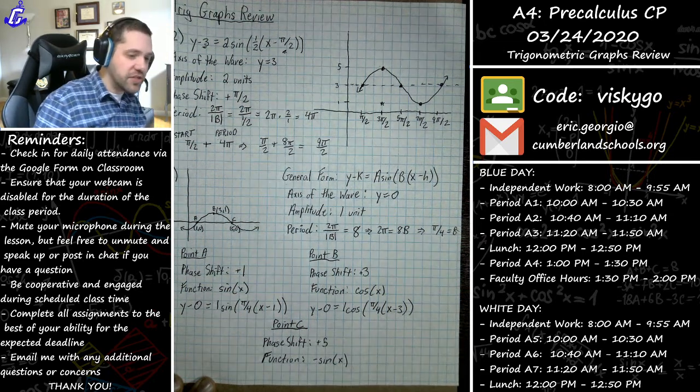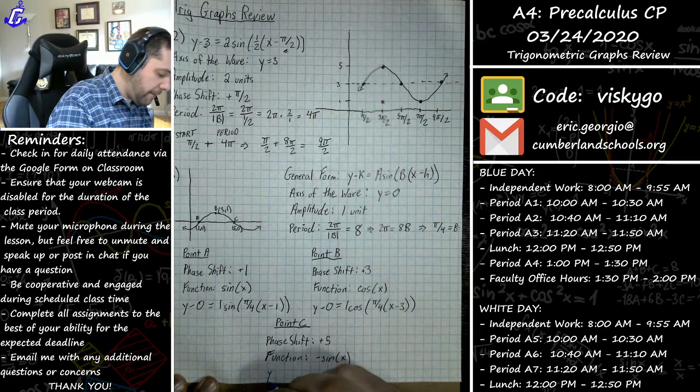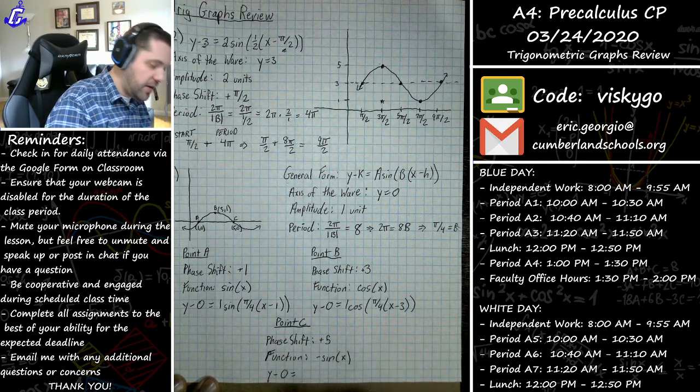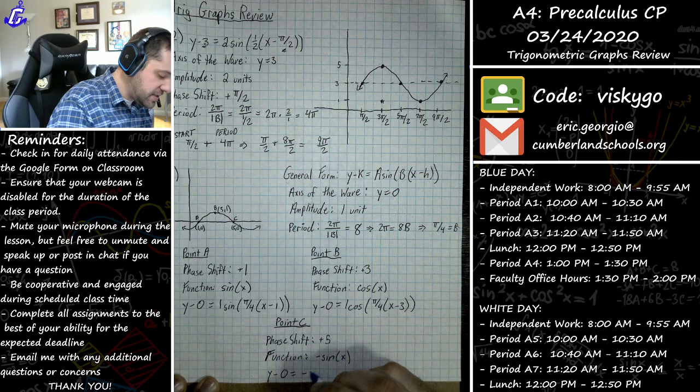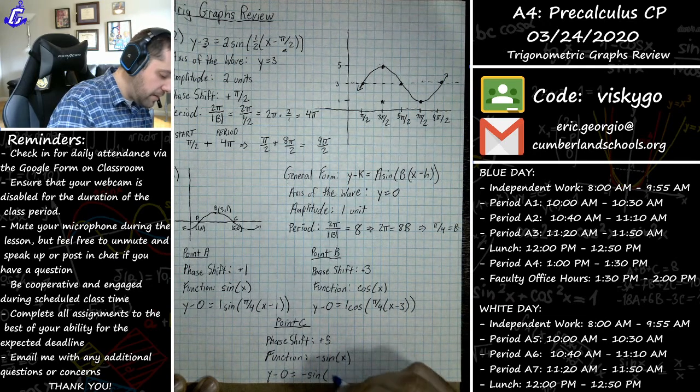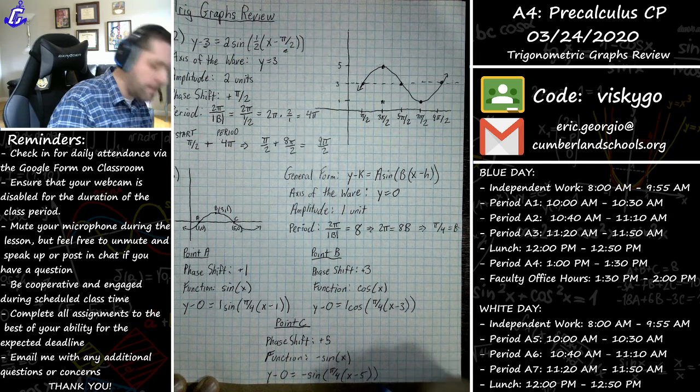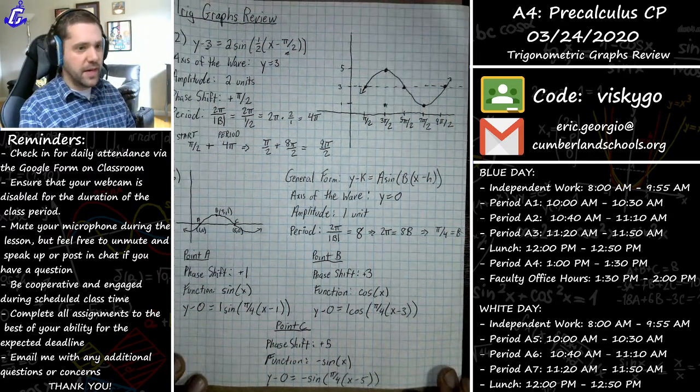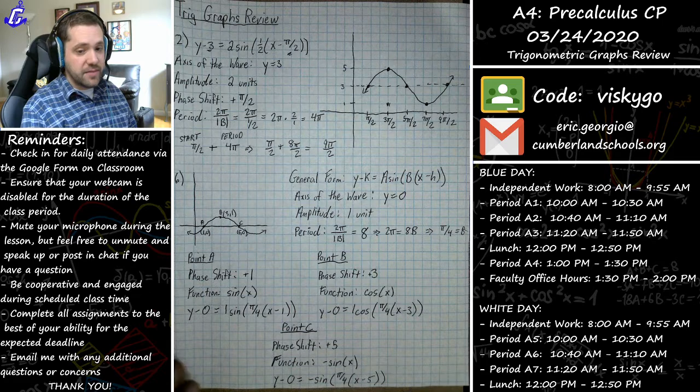And your actual equation would now be y minus 0 still equals, your amplitude is now negative 1 sine of pi over 4 times x minus 5. Good. I went right to the bottom of the page there, but hopefully that makes sense to everybody.